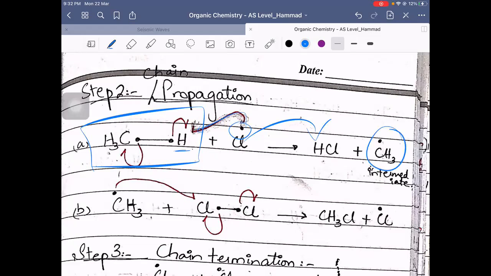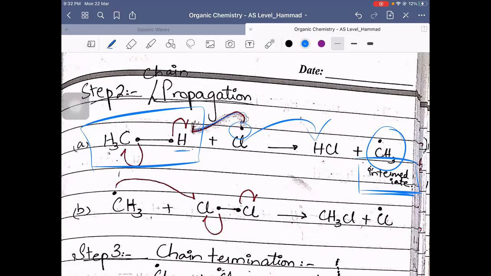I'm now left with CH3 free radical, which is also called an intermediate, meaning to say a part of the reaction. When a substance is halfway through and has not completely converted into a product, it is called an intermediate.